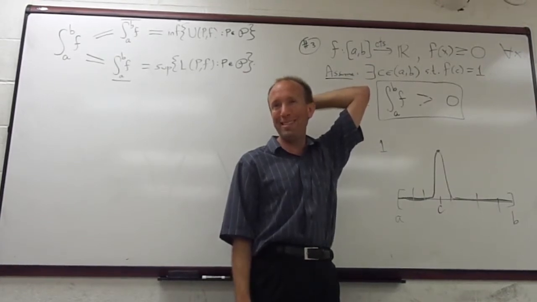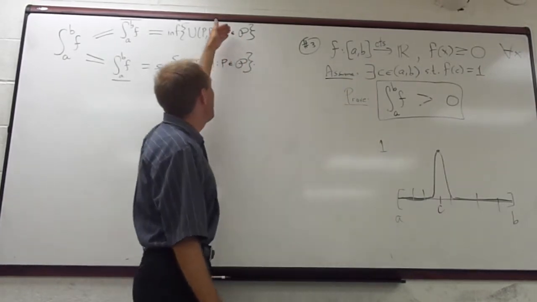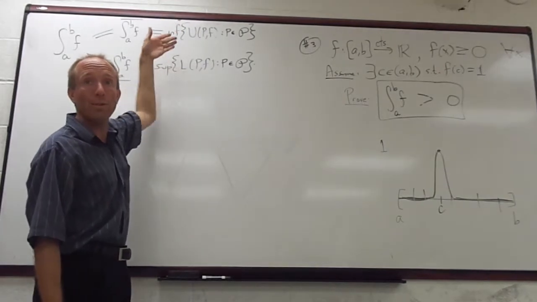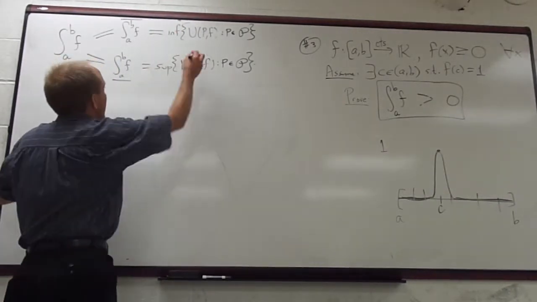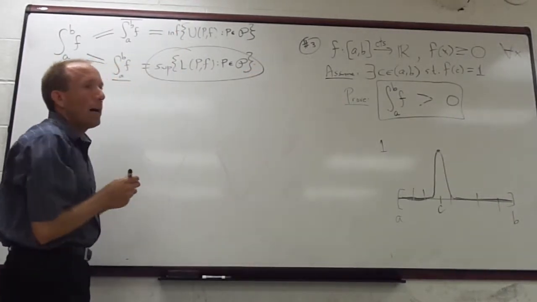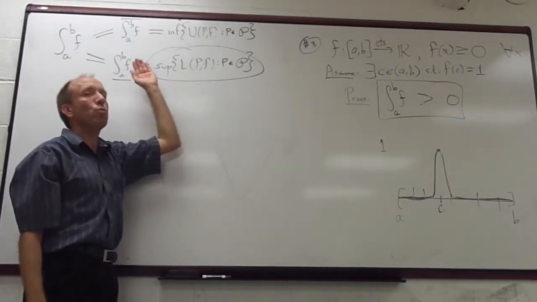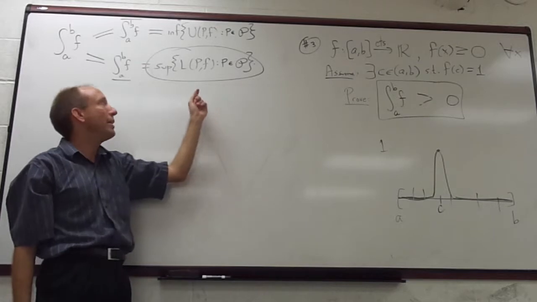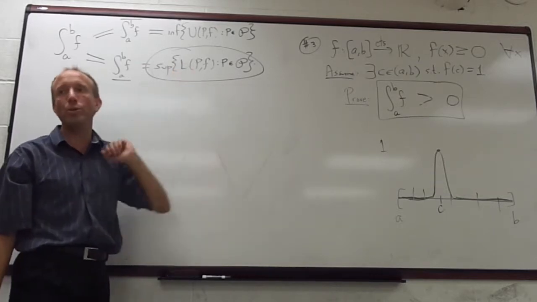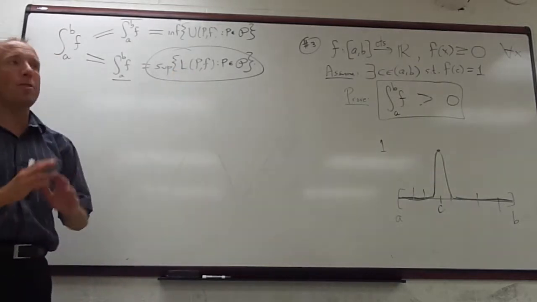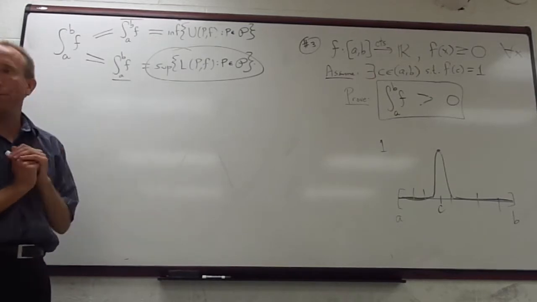You see the difference? So which one would we rather work with? The first one or the second one? Second one. That's right. Because if I just simply find one partition that gives me a positive lower sum, then I'm done. I've got what I want to prove.